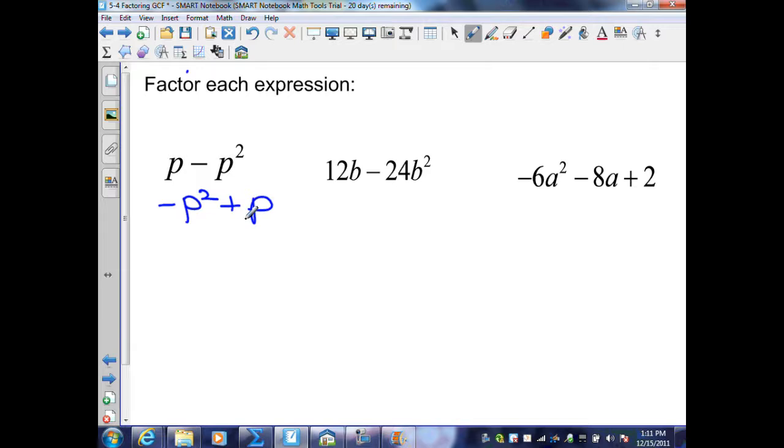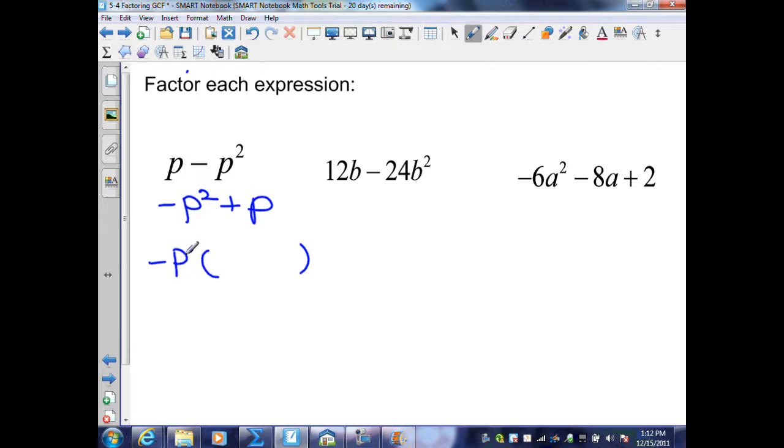But I notice I have a like variable in each term. Therefore, I can divide out the smallest exponent of the 2 given terms. That would be p to the first. So therefore, p, set my parentheses. But my leading term is negative. Therefore, I want to factor out a GCF that is negative. Now I continue. Negative divided by a negative is a positive.